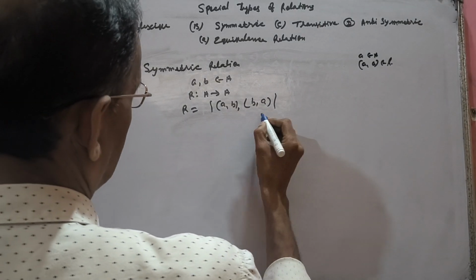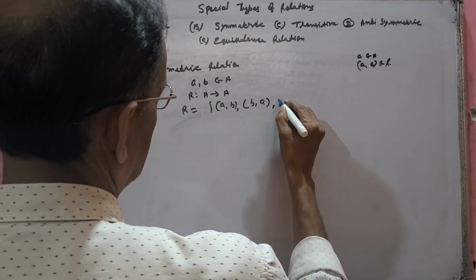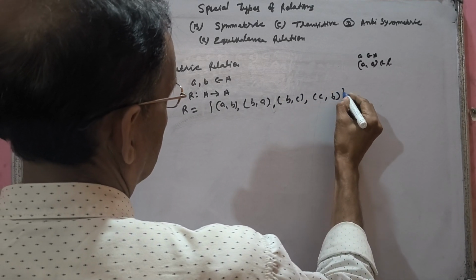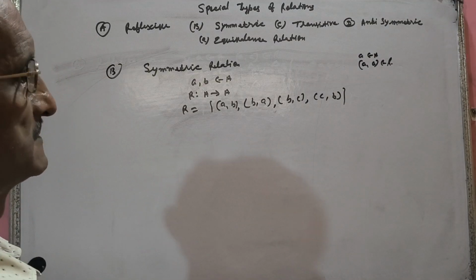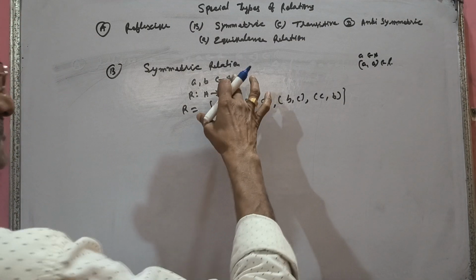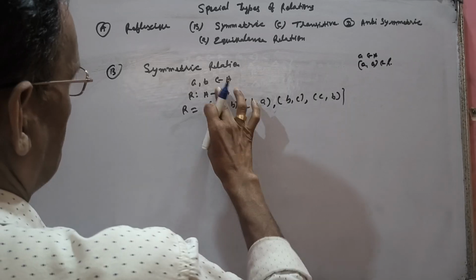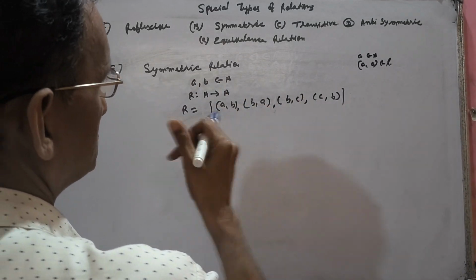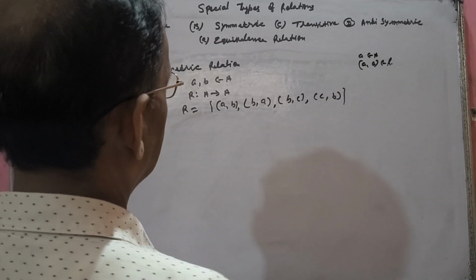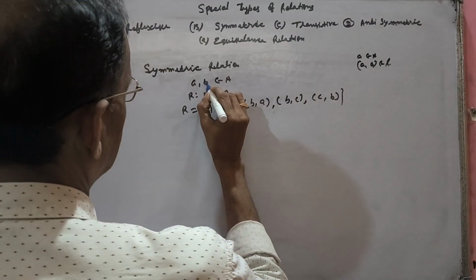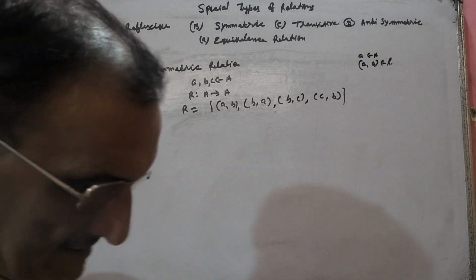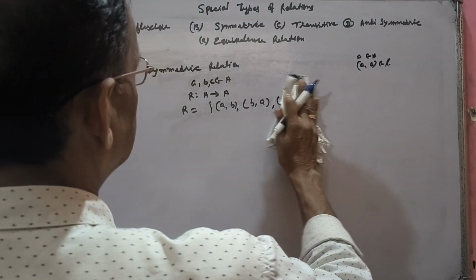Similarly, if we keep (b, c) here, then we must have (c, b) here. Then it is called symmetric. Clear? For a, b belonging to set A, (a, a) should be there, (a, b) should be there, (b, a) should be there, (b, c) should be there, then (c, b) should be there. This is called symmetry. Understood?